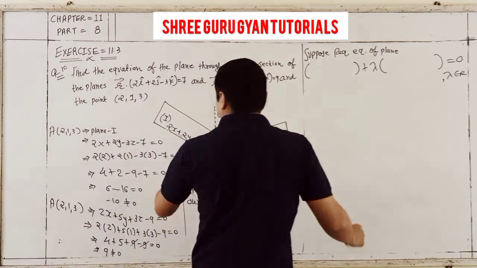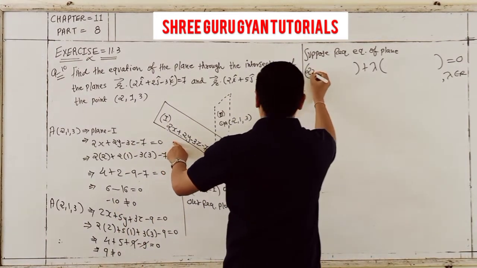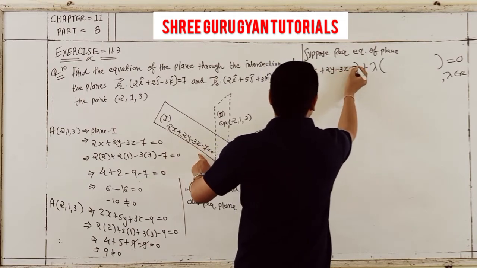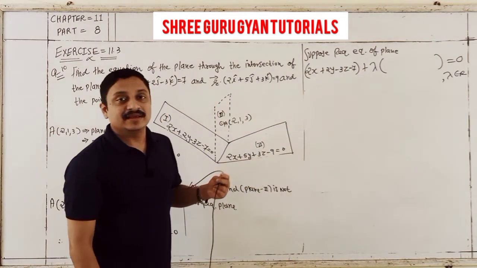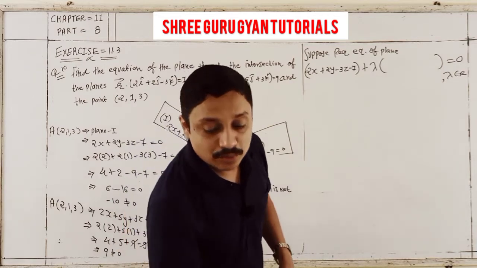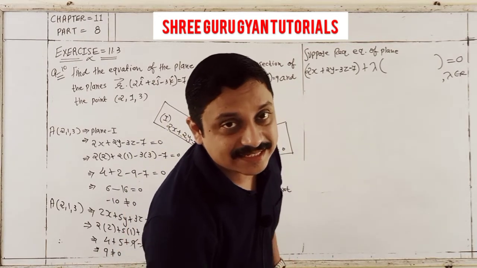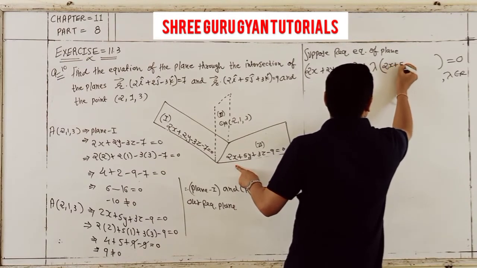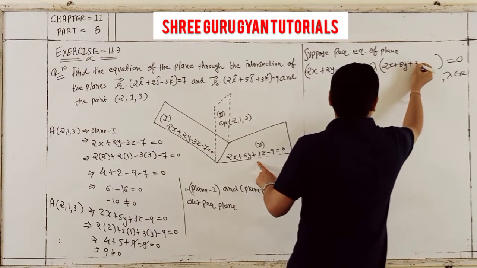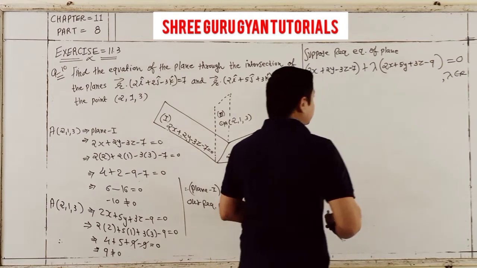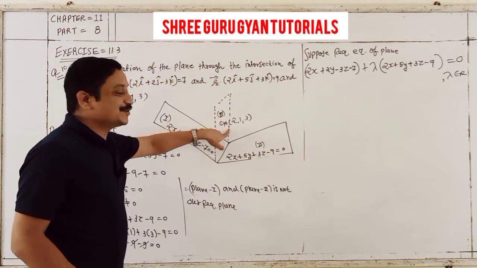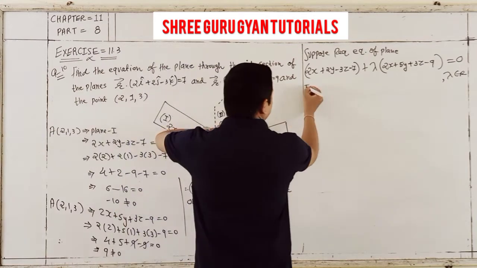First is 2x plus 2y minus 3z minus 7, and similarly, students, you will cover your second plane, 2x plus 5y plus 3z minus 9.